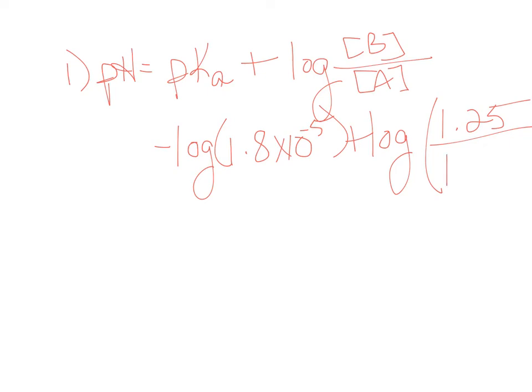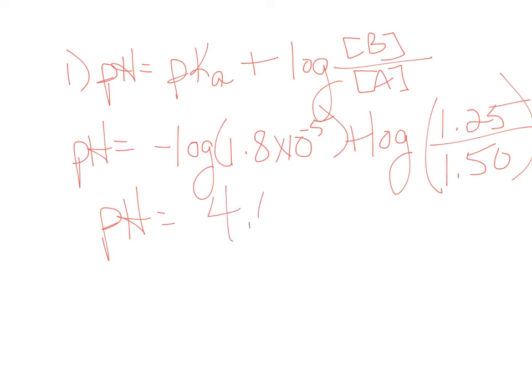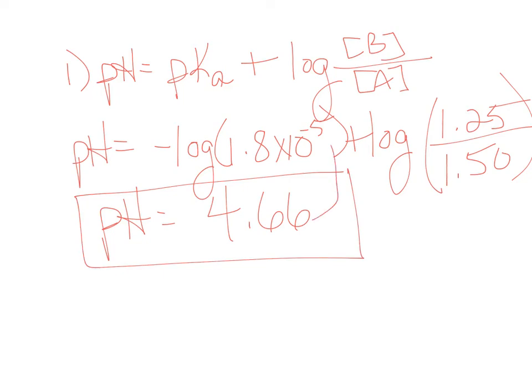And the concentration of the weak acid is 1.5. All right, and so going through that calculation, you get the initial pH of the buffer system alone is 4.66. Remember, it should be really close to the pKa value, and 4 is close to that exponent of 5.